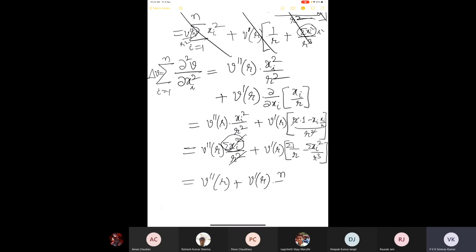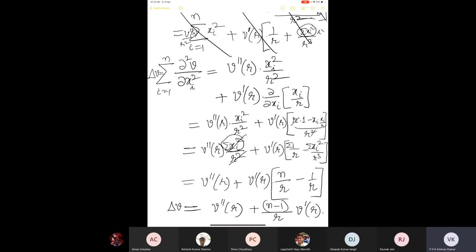This will be n upon r minus this, which will be r square, so this will be 1 by r. So finally the Laplacian of v becomes v double prime of r plus n minus 1 upon r times v prime of r.